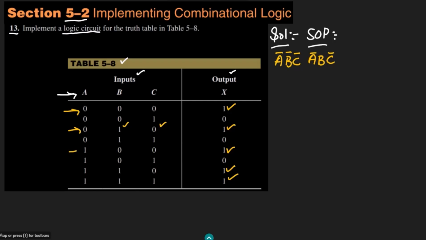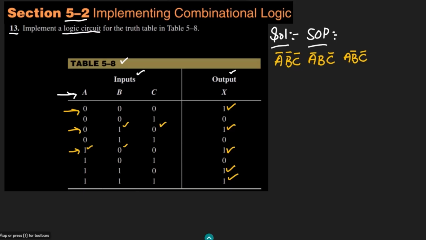Similarly, the third one is 1 0 0, so here A is not 0 and B and C are 0, therefore I have to complement them: A, B complement, C complement.